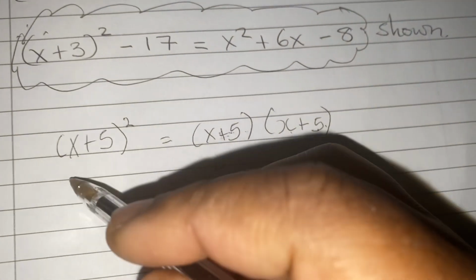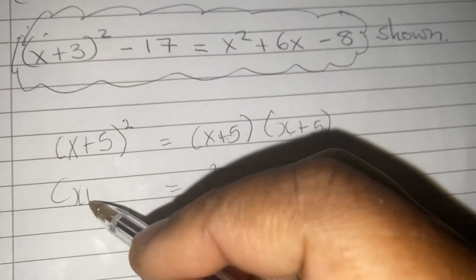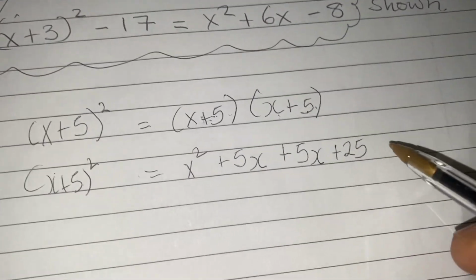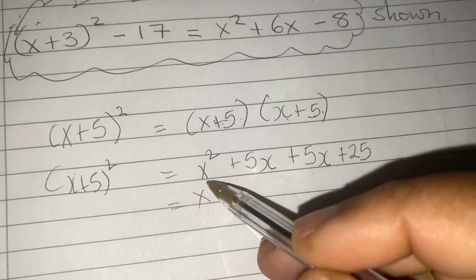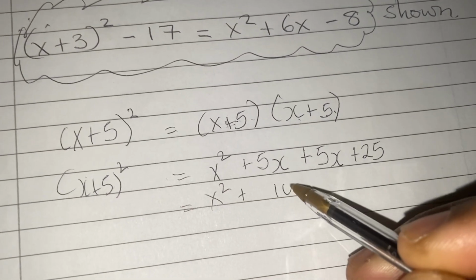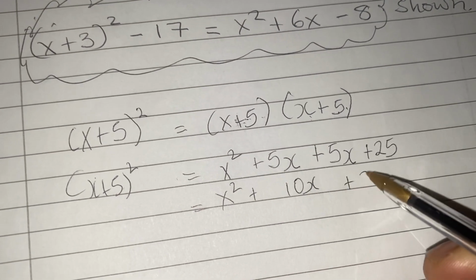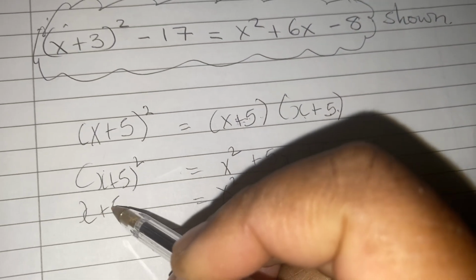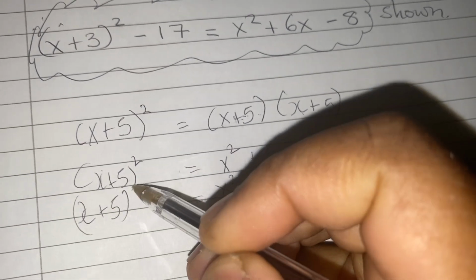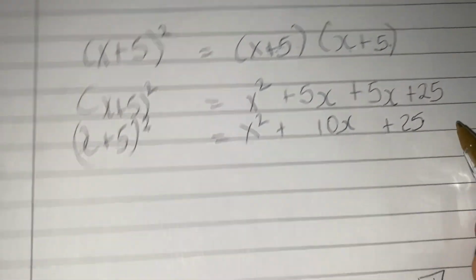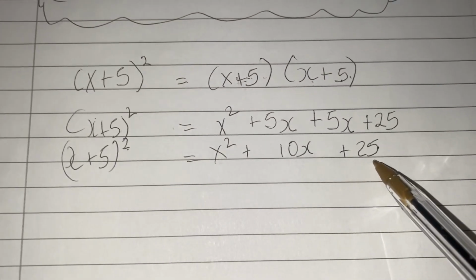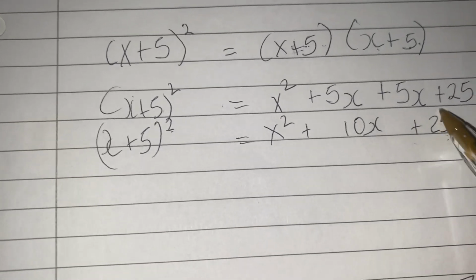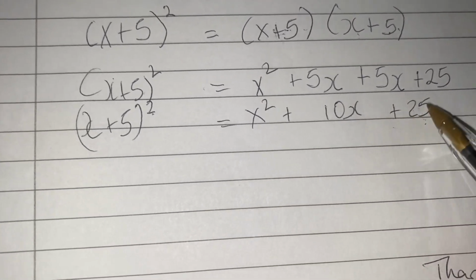So x plus 5 all squared will become x squared plus 10x plus 25. After doing this, what you want to do to complete the squares is get rid of this constant term, the c part.